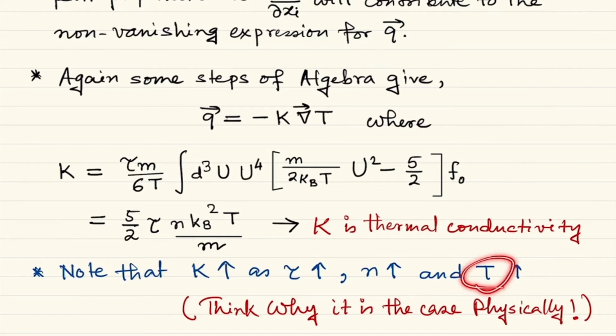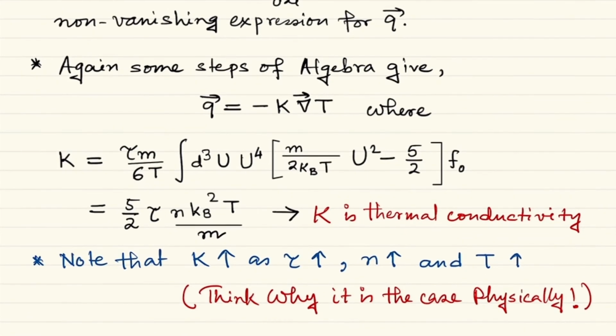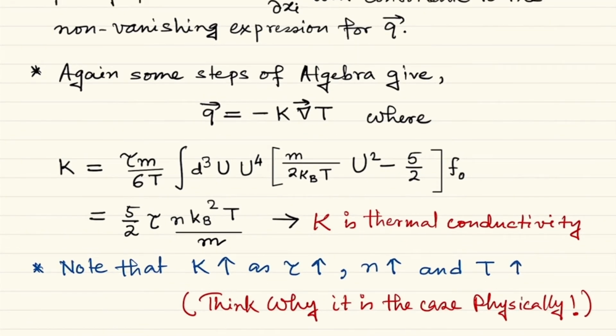If your temperature is higher, then the temperature gradient can also be expected to be higher, and then the energy transport should be efficient as well. So K should be higher. These things are consistent with each other.